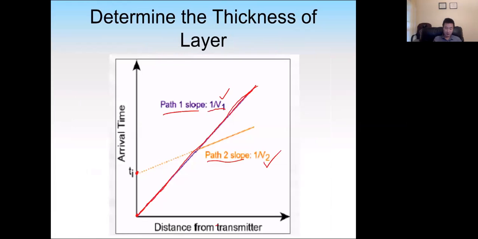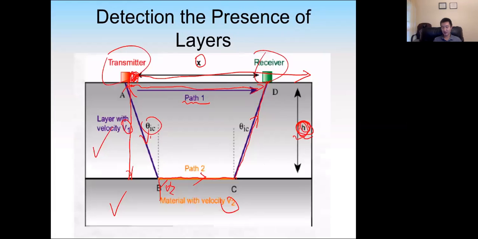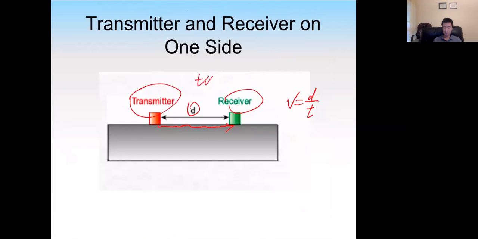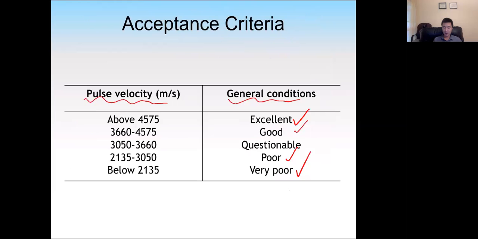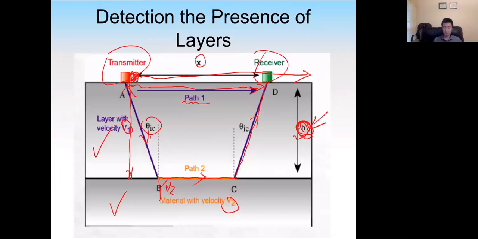Based on this information, we can calculate the thickness of the material. So this is an example of how to use ultrasound and the reflected wave to measure certain things, such as a flaw, or the thickness of materials.